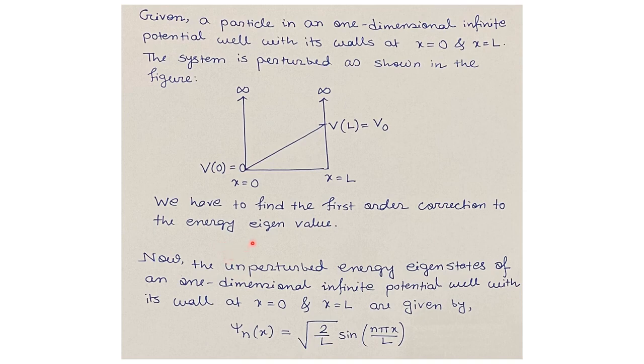This is a very well known problem, a particle in an infinite potential well, which can be exactly solved by using the Schrodinger equation. By solving the Schrodinger equation, we can find the eigenstate of this system, and this is given by psi_n(x) equals root over 2 by L times sin(n pi x by L), where n corresponds to the nth state of this particle in that infinite potential well and L is the separation between the walls in that system.